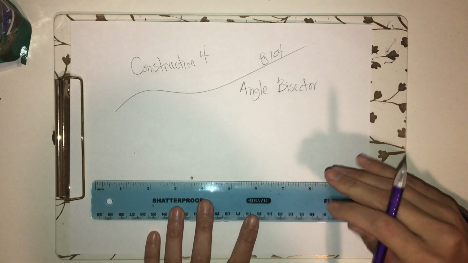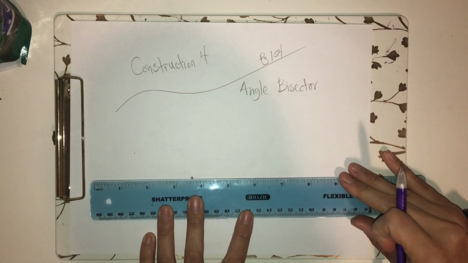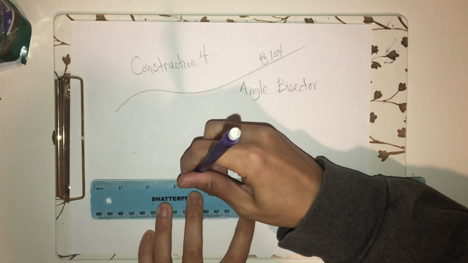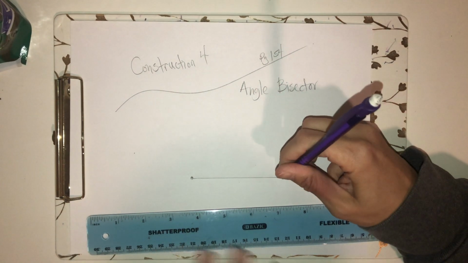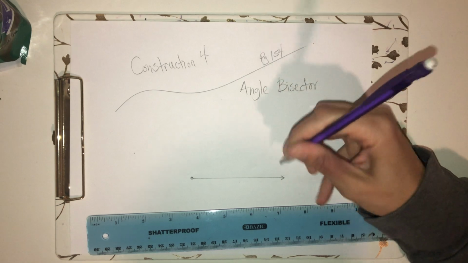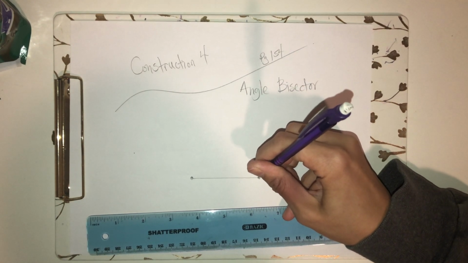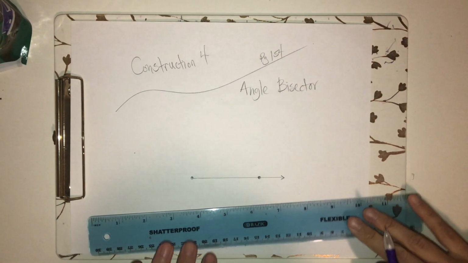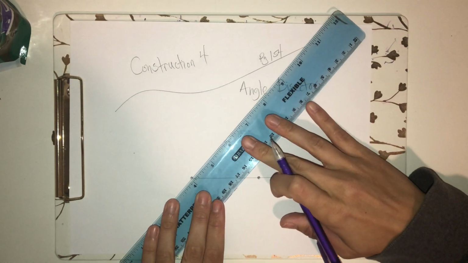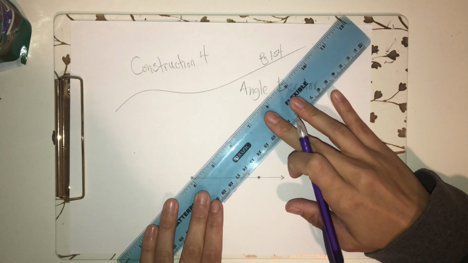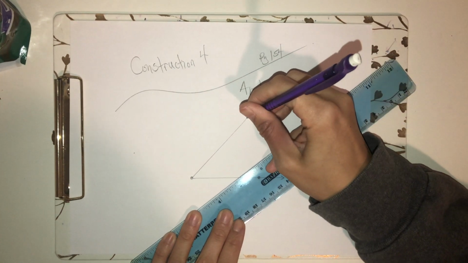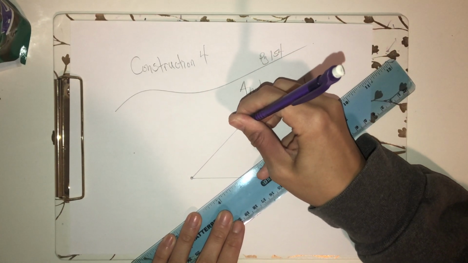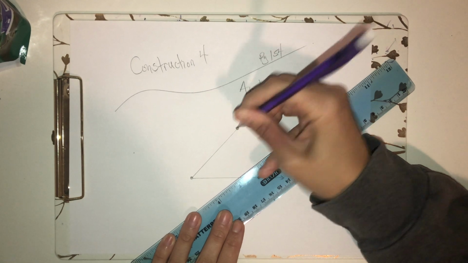By virtue of this process, we're going to bisect it or cut it in half. Because we're going to trust this process, we will know that the ray that we're going to construct inside of this given angle is indeed going to create two interior angles that have the same measure, thereby cutting the given angle in half.